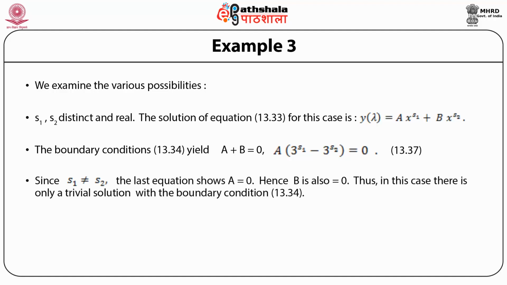Since s1 is not equal to s2, the last equation shows that a must be equal to 0. So when a is equal to 0, from a plus b equal to 0, b is also 0. Thus, in this case, there is only a trivial solution if the boundary conditions are as specified above, namely the value of the function at the points 1 and 3 are 0.